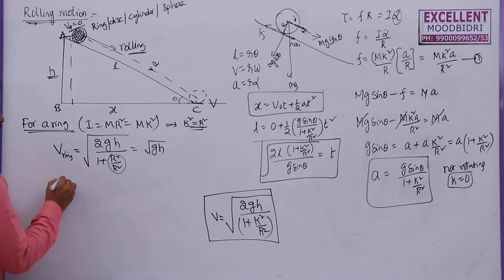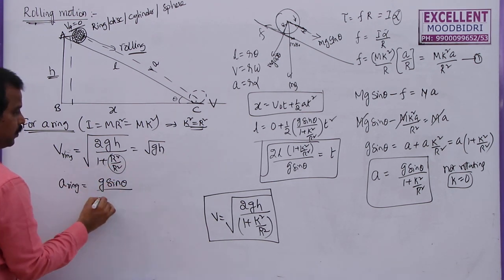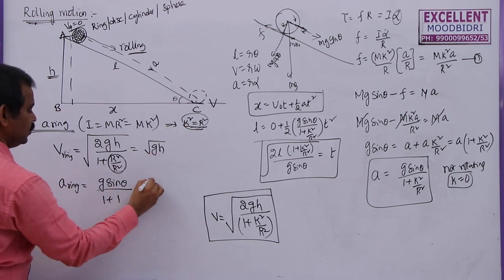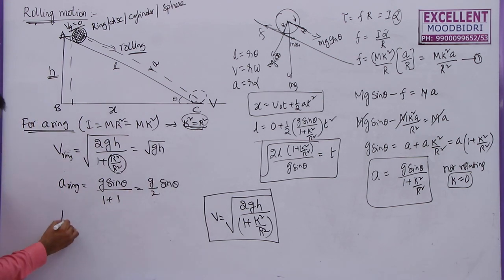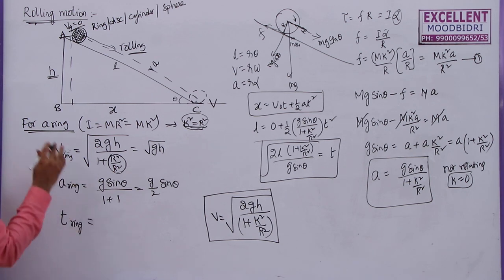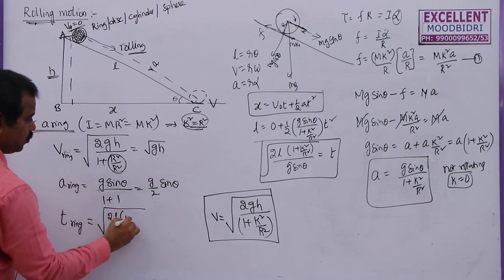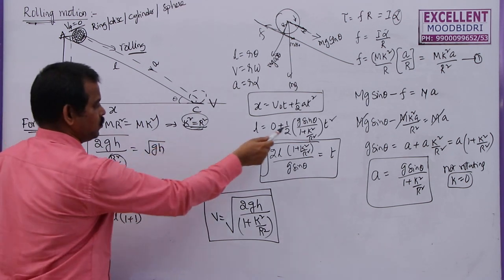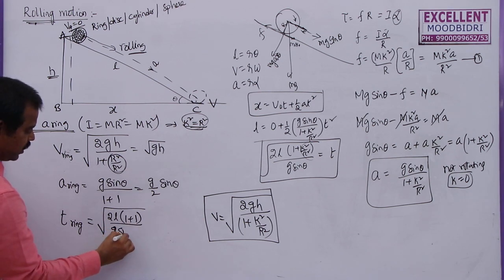So what is the acceleration of the ring for a rolling body? This will be g sin theta by 1 plus, once again, k square by R square is equal to 1. So the answer is g by 2 sin theta. Now the third one is the time taken by the ring to reach the ground, which is given by root over 2L (1 plus 1), because we know the relation between k and R for a ring, that k square is equal to R square, by g sin theta.